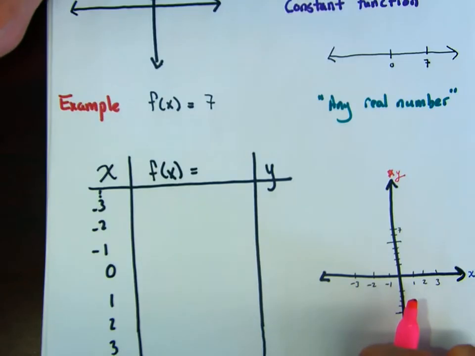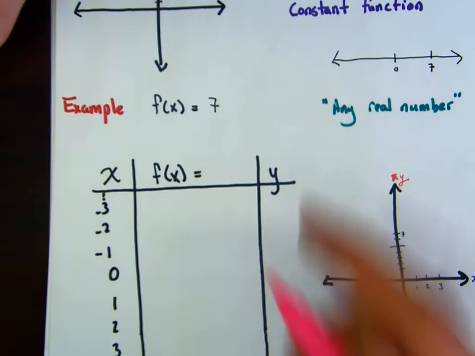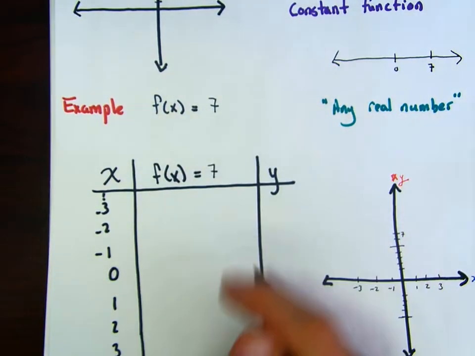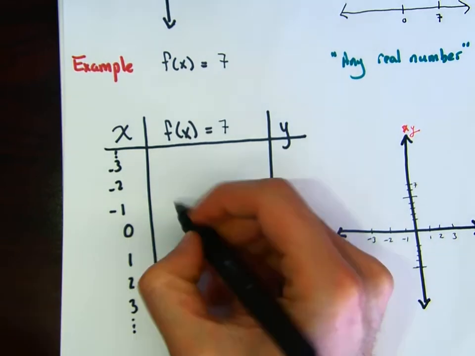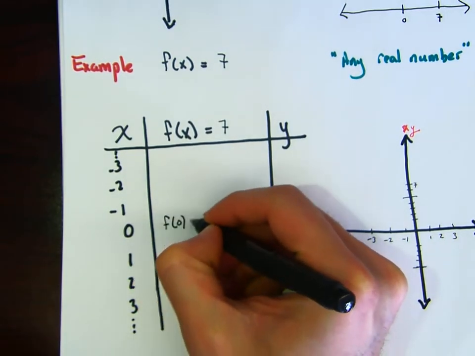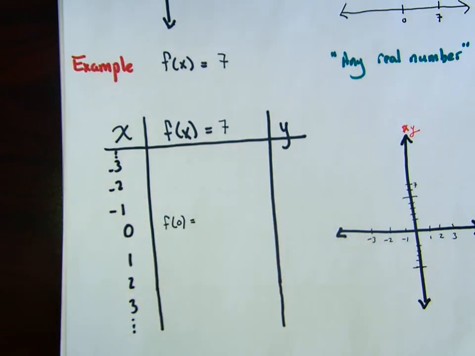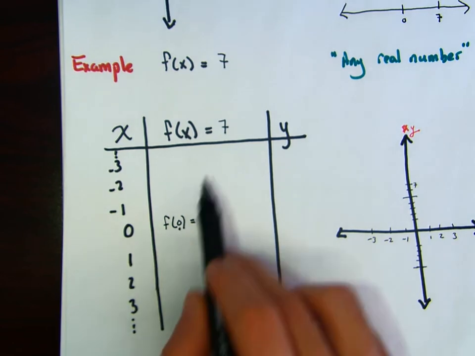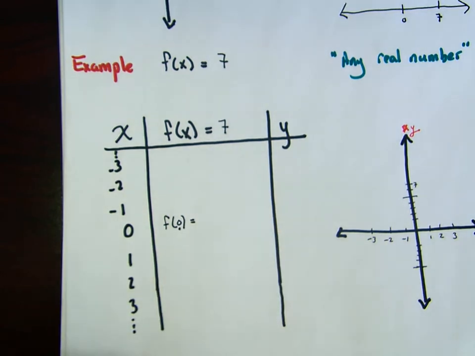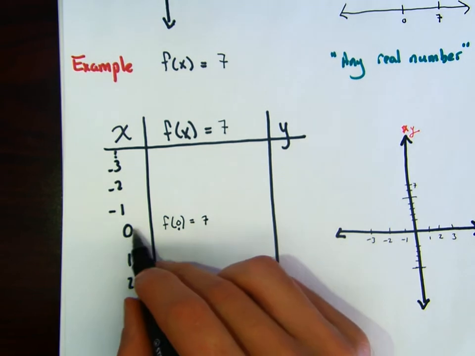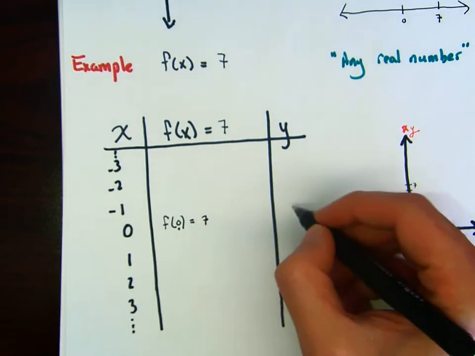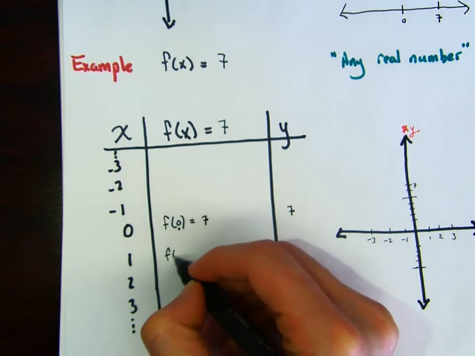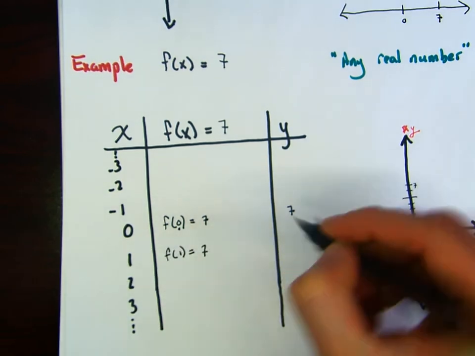If you wanted to see the reason why, if f of x is equal to 7, then what is f of 0? What this function means is any number I put into the function, it just becomes 7. If I plug in 0 into this function, I get a y value of 7. If I plug in f of 1, I get 7.